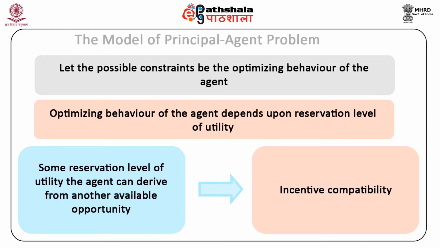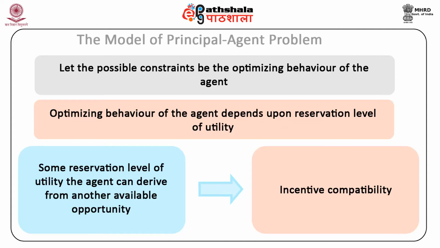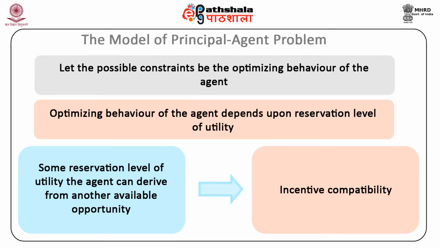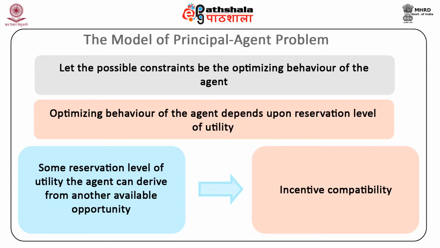Thus, in order to maximize utility, the principal faces two constraints. Firstly, there is some reservation level of utility the agent can derive from another available opportunity, and thus it is the responsibility of the principal to ensure that at least this reservation level is paid or offered for the agent to be willing to participate. This is known to economists as the individual rationality constraint, or simply the participation constraint.